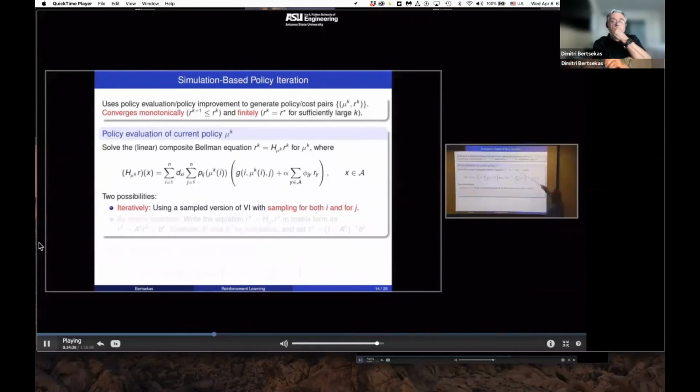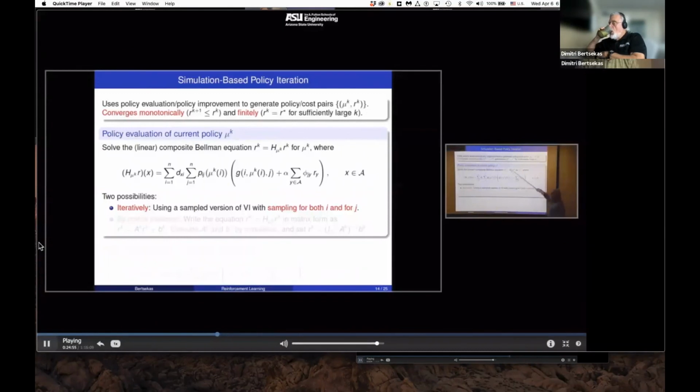This composite Bellman equation, I've written here in shorthand, R sub x should be equal to this right-hand side. And notice now this right-hand side does not involve a minimization. It involves the aggregation, disaggregation probabilities. It involves the transition probabilities of the policy, okay? And it involves also the aggregation probabilities here.